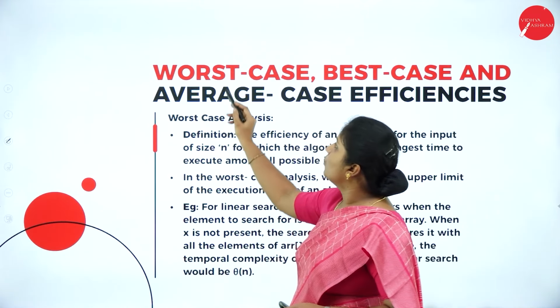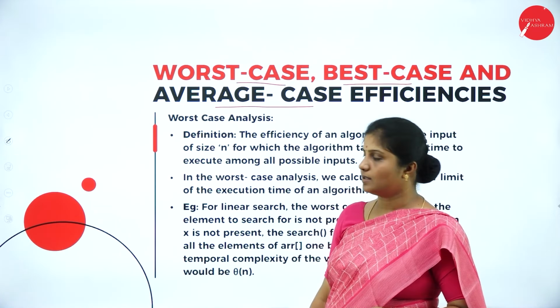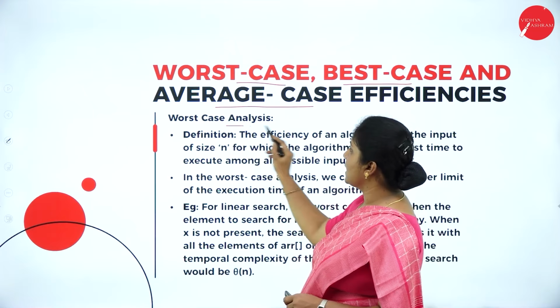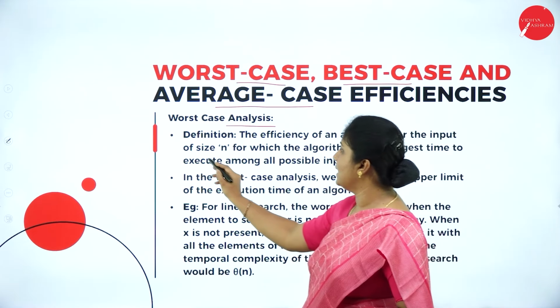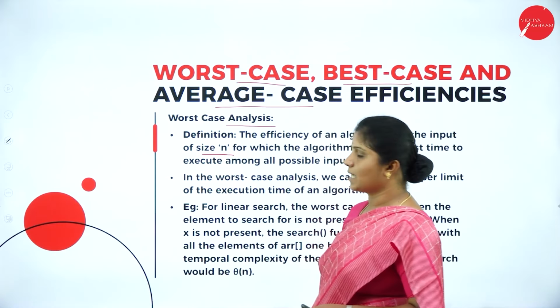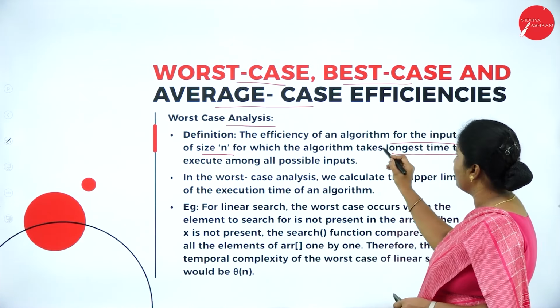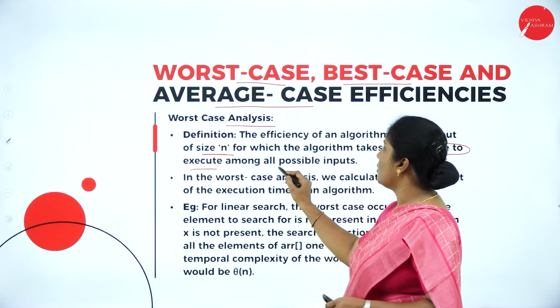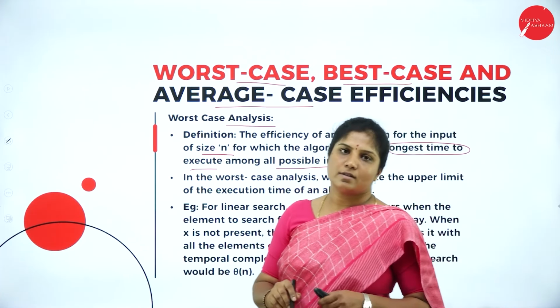Next we have worst case, best case, and average case efficiencies. In the worst case analysis, the efficiency of an algorithm is for the input of size n which the algorithm takes the longest time to execute among all possible inputs; that we call the worst case.